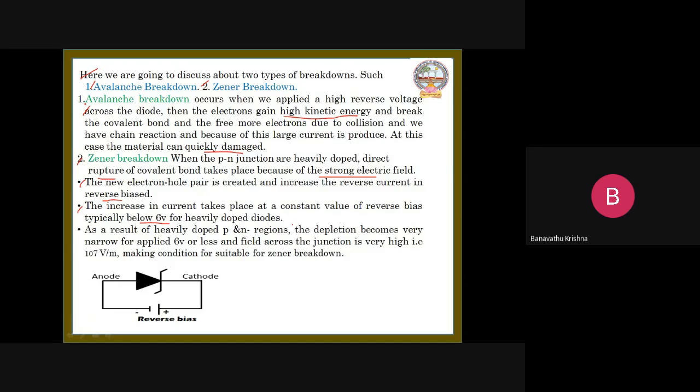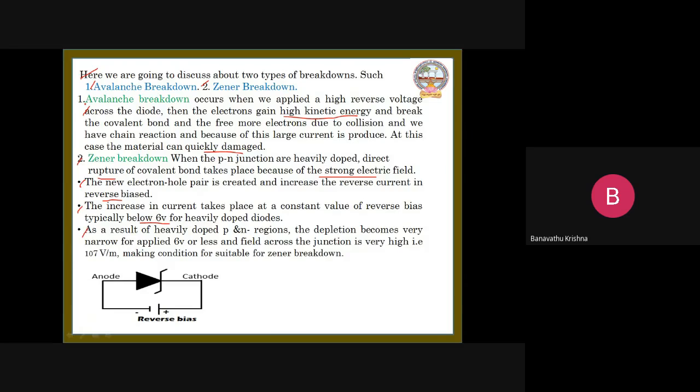But here there is no need for such a voltage to break down the diode, because the P type and N type materials are heavily doped. So below these 6 volts, the current will increase because these layers are heavily doped.